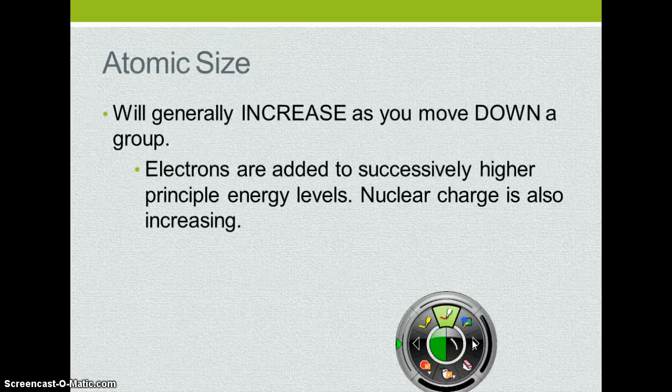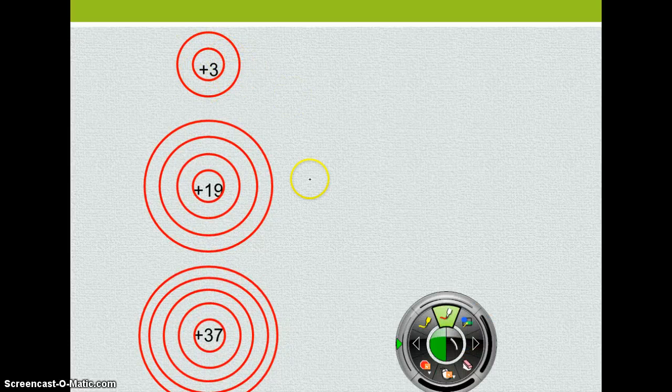As you move down the periodic table, you're adding electrons to successively higher principal energy levels. So you're adding more and more layers. Your nuclear charge is also increasing, but now there's going to be more space between the nucleus and those outermost electrons. So the attraction is not going to be as high. As we move down, here's lithium.